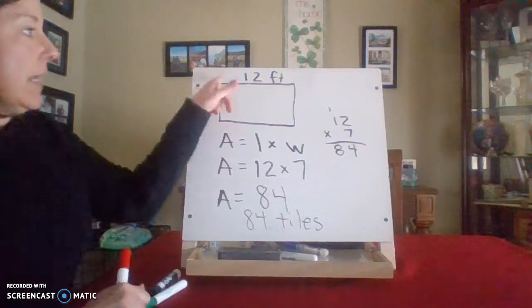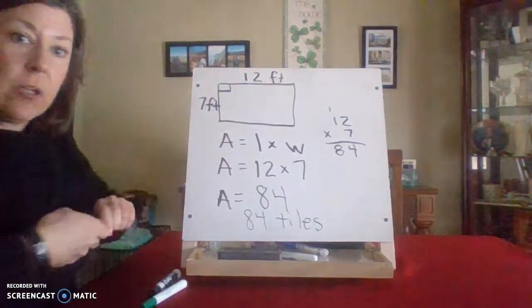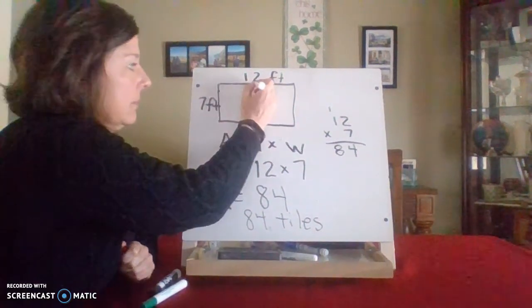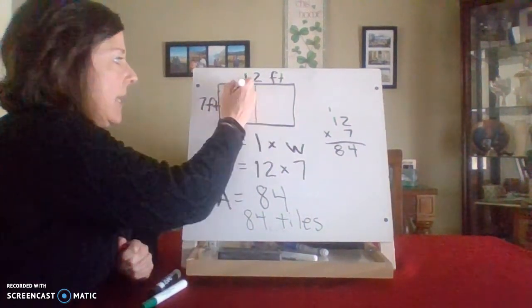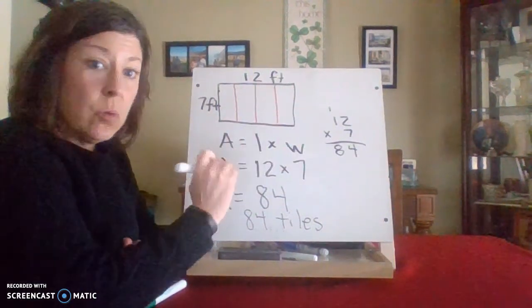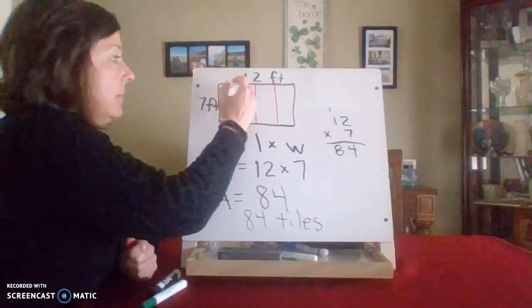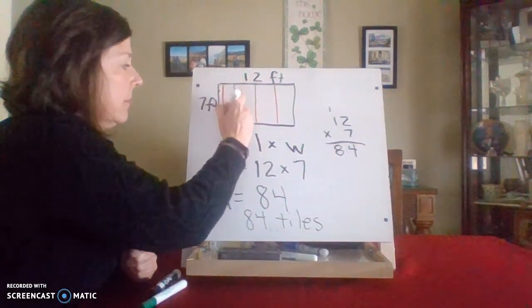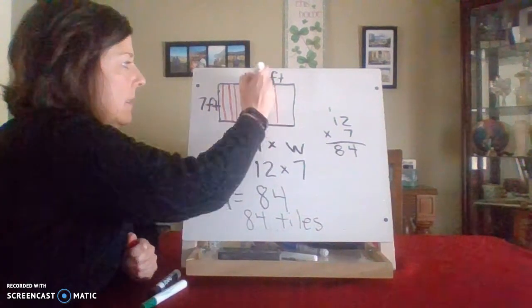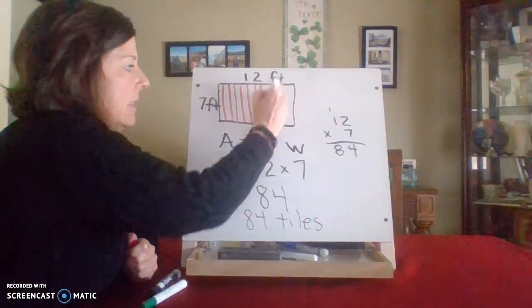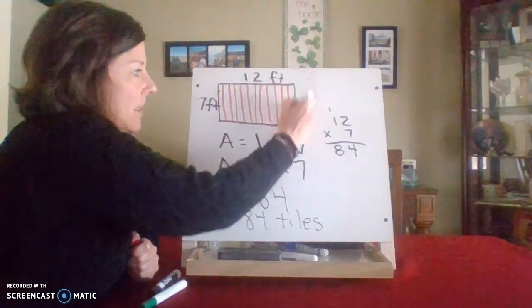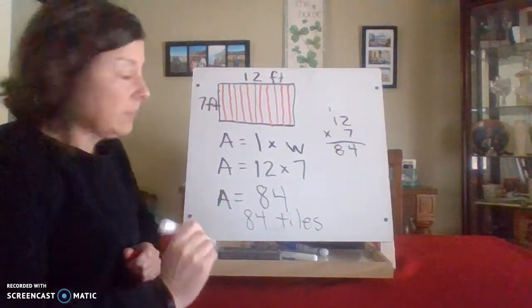I know that if I have 12 feet going across, that I could break this into 12 columns. So far I have 4. That's 3, 6, 9, and 12.